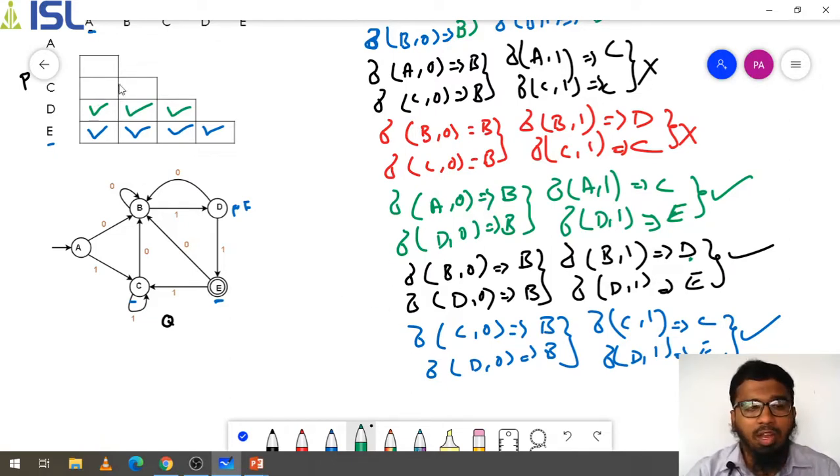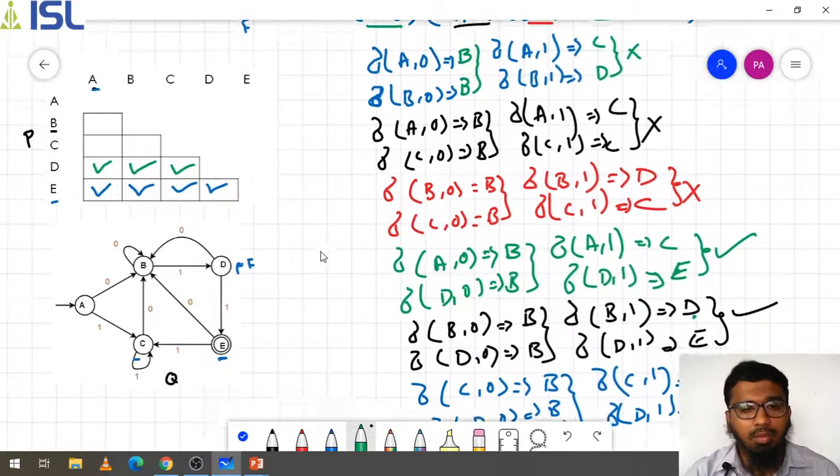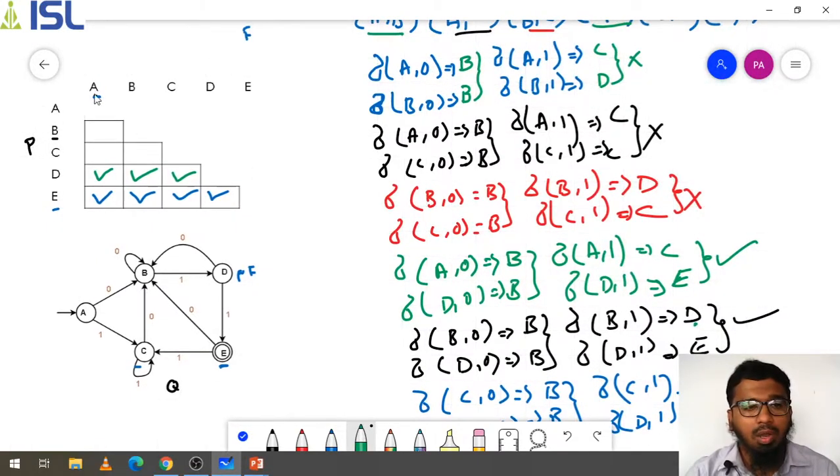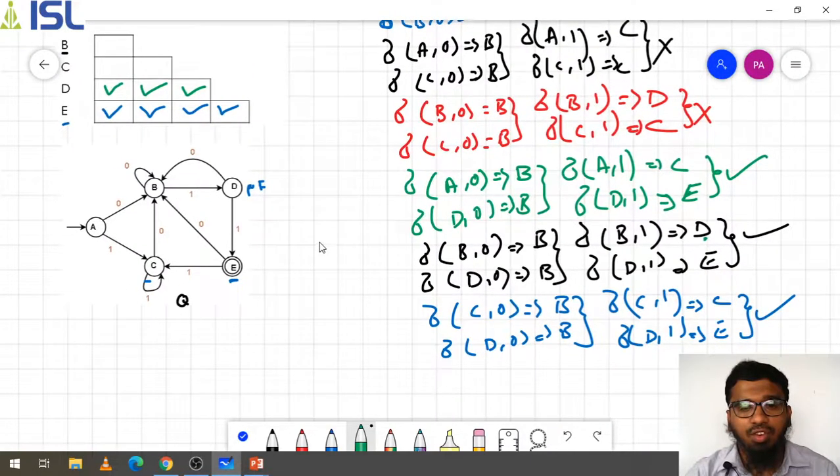So what are the remaining pairs in the table? A comma B, A comma C, and B comma C. These three are left.